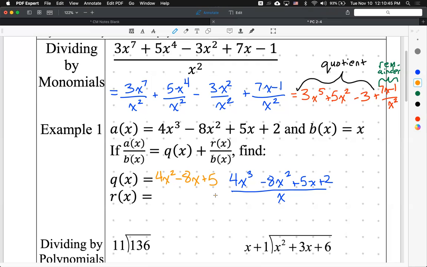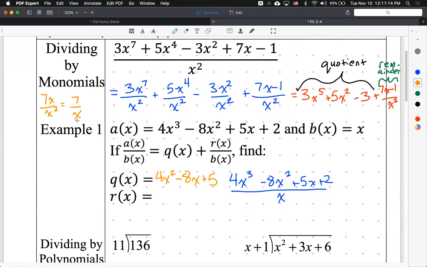Beverly again? I have a question. So for the top one, why didn't we do the 7x? So yeah, that one could be reduced, but that would make it so that I have a bunch of different fractions. So that is totally valid. You could have said 7x over x squared, and you could have reduced this to 7 over x, which is fine.